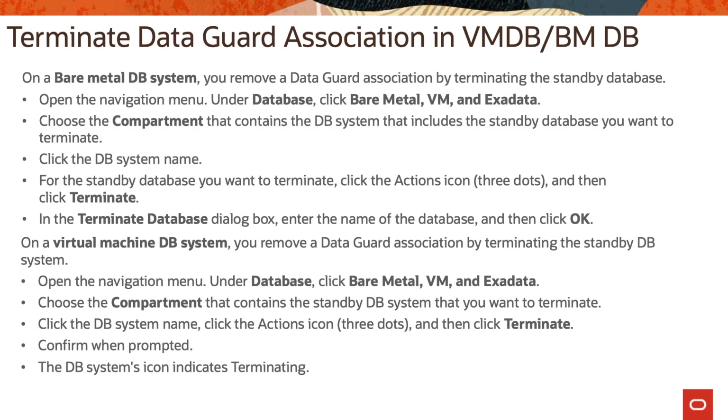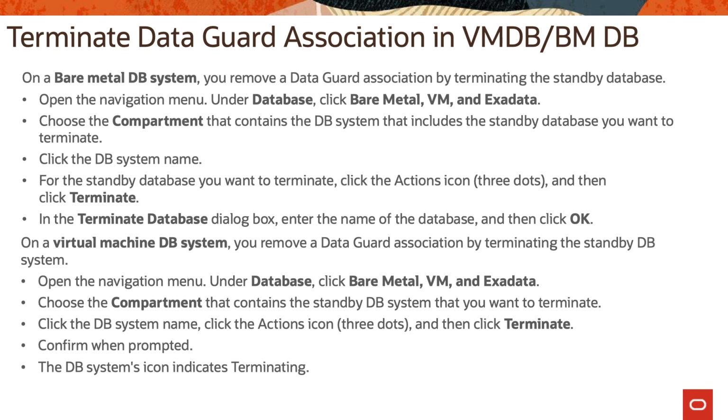So we've seen how to reinstate. Another option provided through the console is terminating a DataGuard association, and that is applicable to both VM DB as well as bare metal database systems. On a bare metal DB system, you remove a DataGuard association by terminating the standby database.